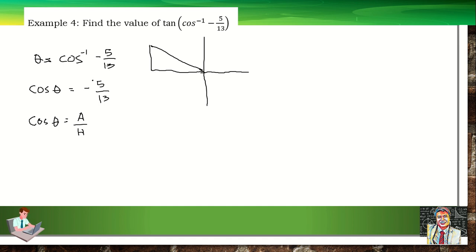Wherein that is in negative 5. Kailangan natin consider negative 5 eh. So, di ba pagka yung x-axis natin, that indicates a negative number. So therefore, nandito si negative 5. Okay? Ayan. That indicates negative number, yung x coordinates natin. And then 13, yung hypotenuse. So, this is the theta. Okay? Cosine theta is negative 5 over 13. Ayun yun. So, alam na natin yung nandiyan ngayon.